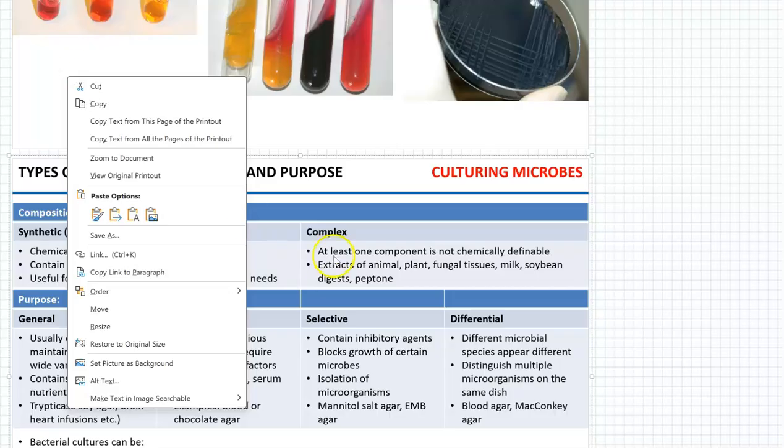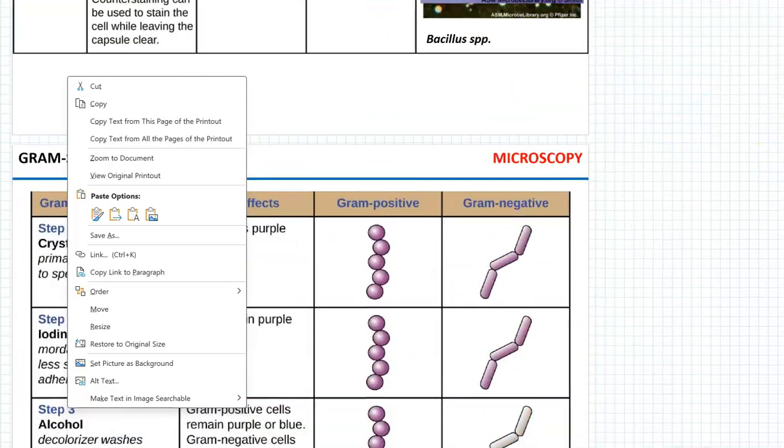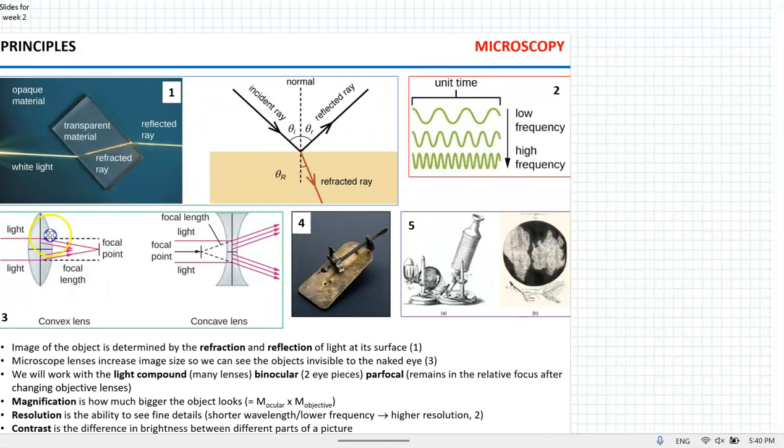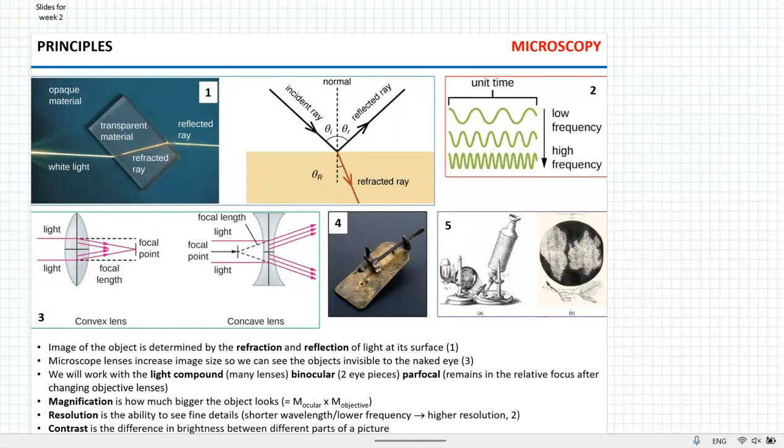let's talk about the whole process of studying and culturing microorganisms. And we're going to start with microscopy. This is not a physics class, so you really don't have to know a lot of, let's call it, effectively physics stuff, okay?